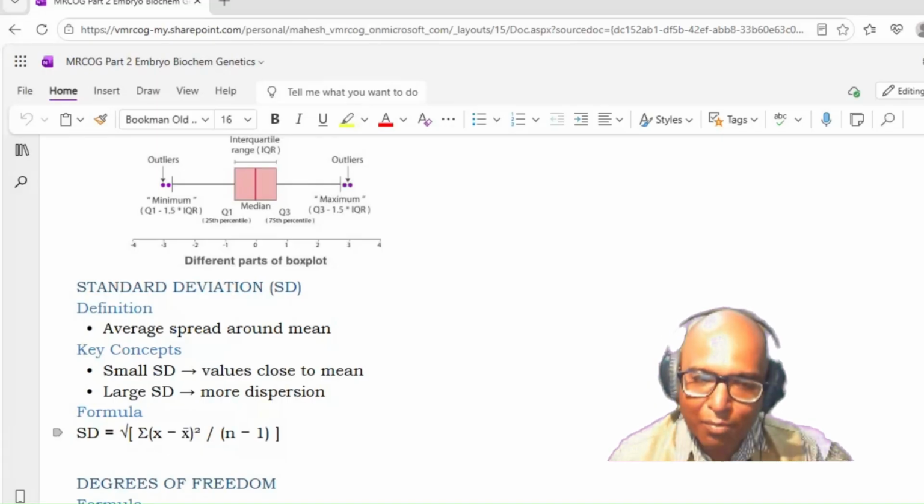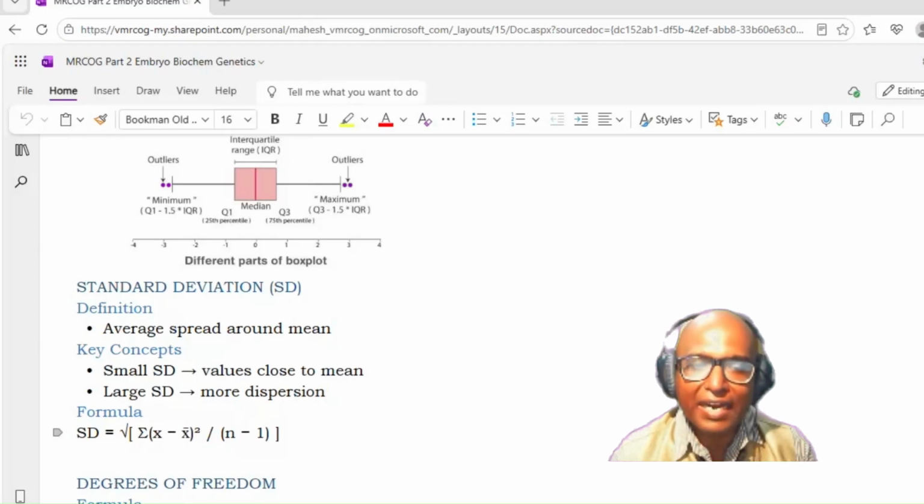Then you sum all that and divide by the number of observations minus 1. Suppose there are 10 observations, so 10 minus 1, you divide by 9. And you take the square root of that. So it is sigma (x minus x bar) squared, divided by n minus 1, and you take the square root of that.